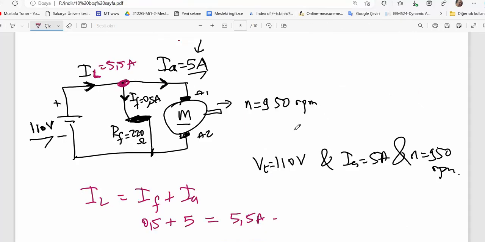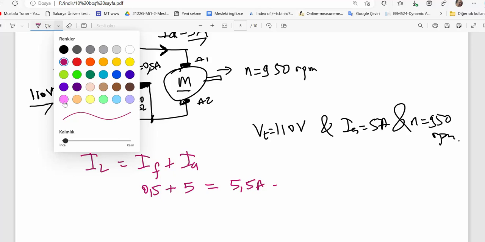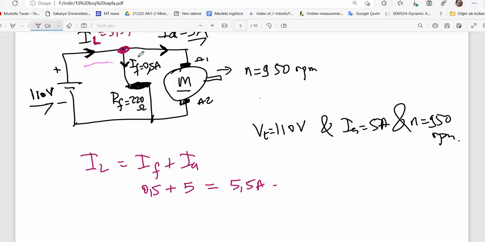Now let's write Kirchhoff's voltage law first and understand the issue. Apply Kirchhoff's voltage law around the loop. Applied terminal voltage will be equal to the summation of the voltages around the loop.